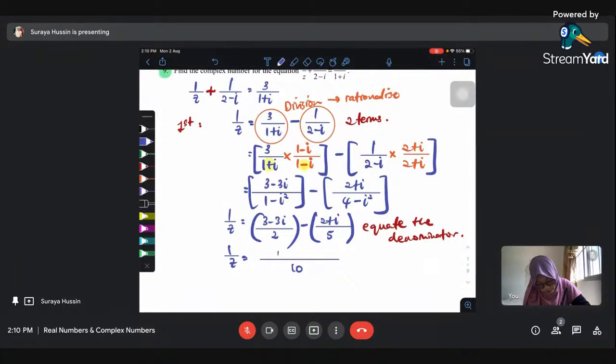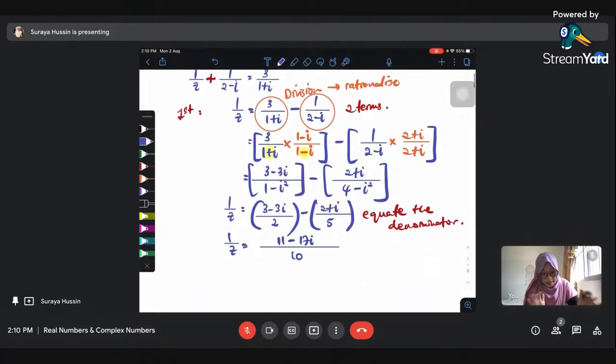So here you will get 11 minus 17i. Is it correct? 11 minus 17i. Okay, you solve sendiri ya. Saya buat laju sahaja ya sebab saya perlu cepat.